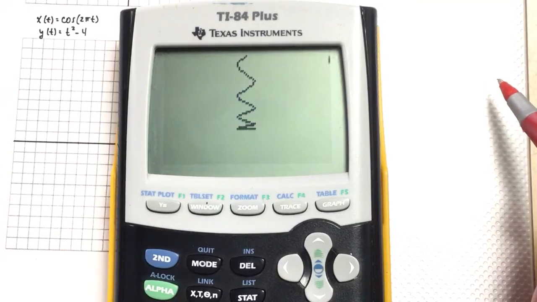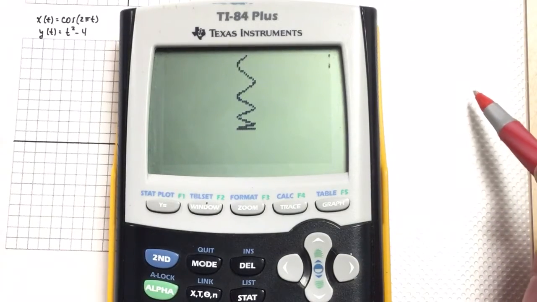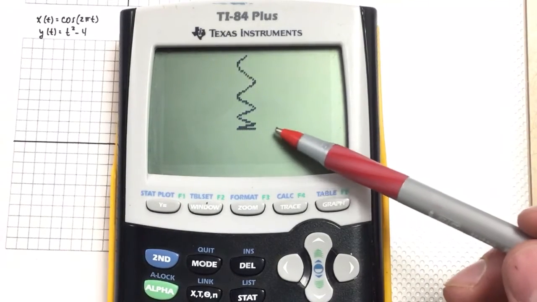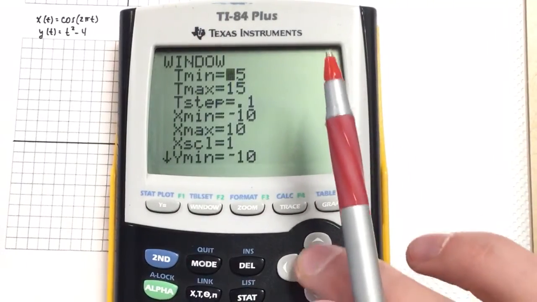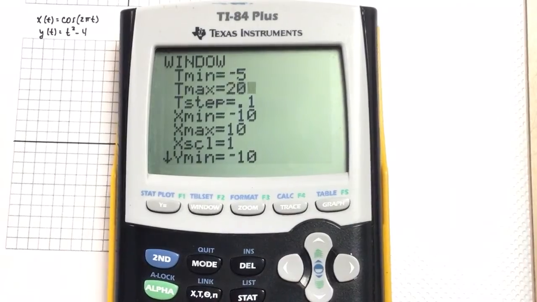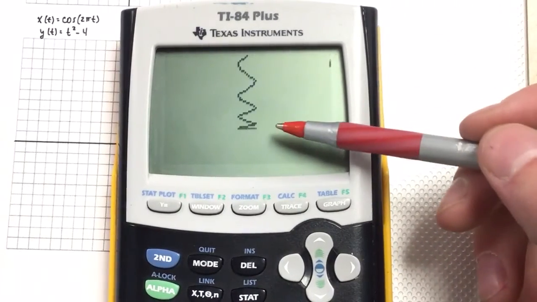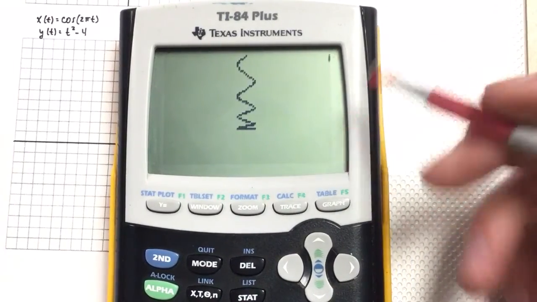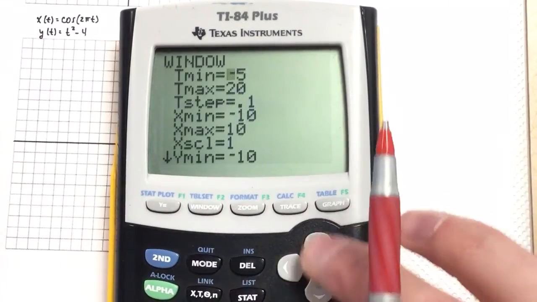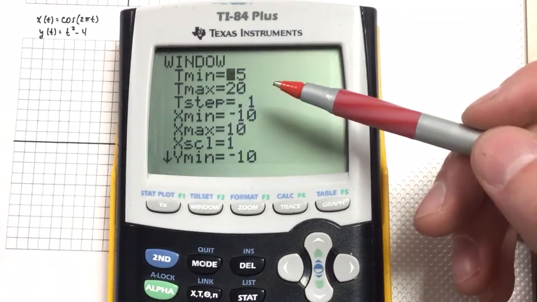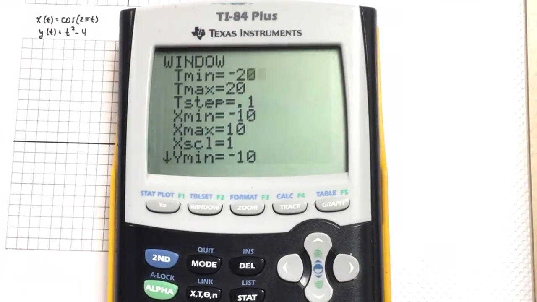And there it goes, and it's exactly the same. So we changed it to 15. It's exactly the same. 20. 20, exactly the same. What? Oh, maybe we should have actually made that negative 20.